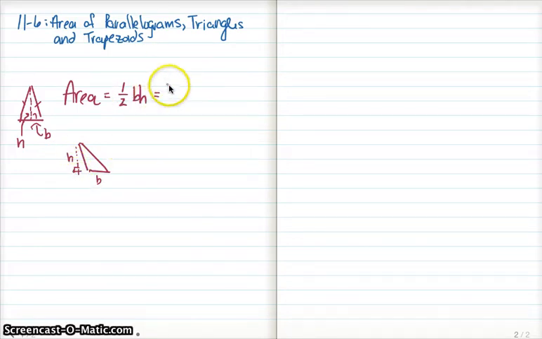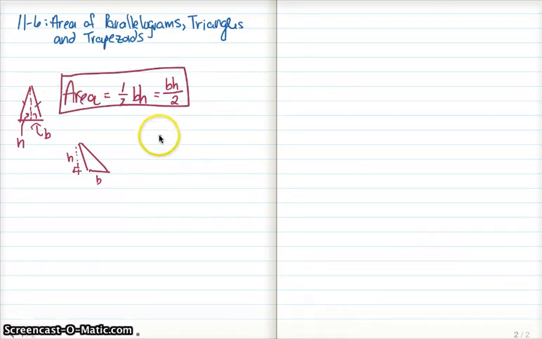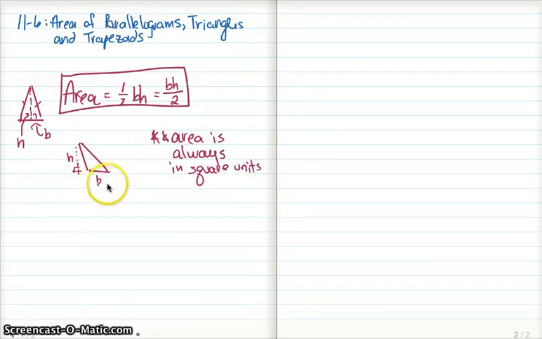Another way to represent this formula would be to take the base times the height, multiply them together, and divide by 2. So either way works, just to make sure that you are feeling good about this formula. Something else to note in general: area is always in square units. So each length would maybe be in inches, but your area would be square inches.